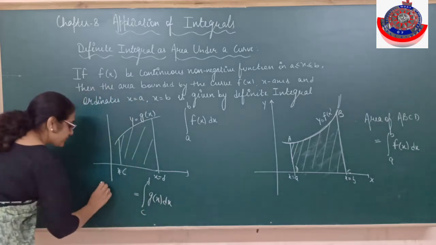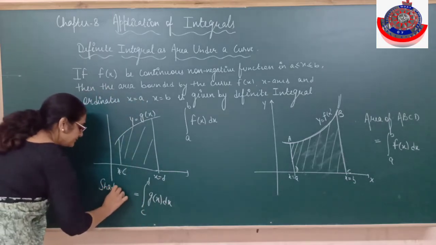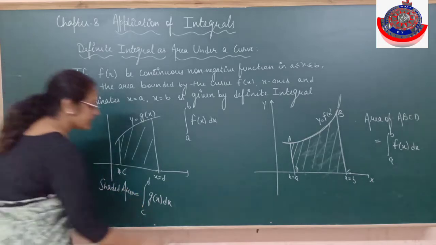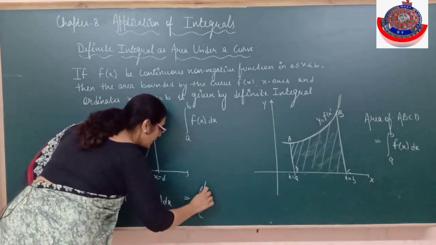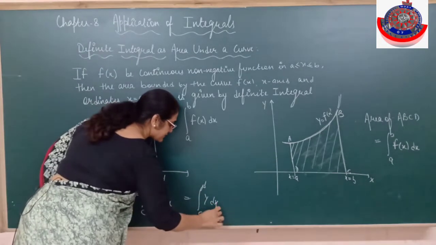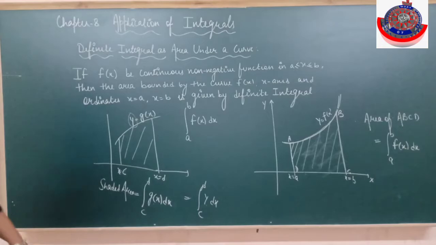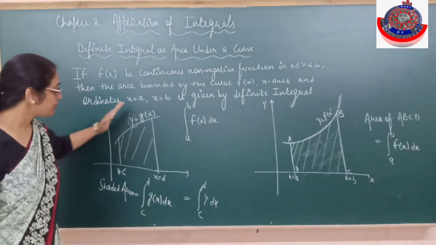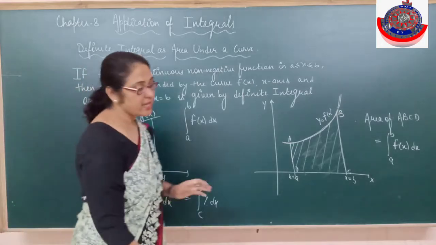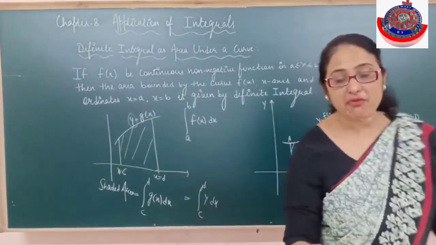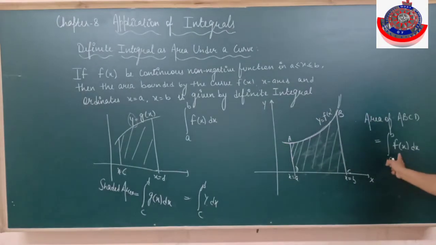That will be the shaded area. That means from C to D, I have to integrate the given function, that is y dx, where y means g(x). Is it clear? So the area bounded by the curve, the x-axis, and whatever ordinates are given to me will be the definite integration of the given function f(x) from the limits which are given to me.